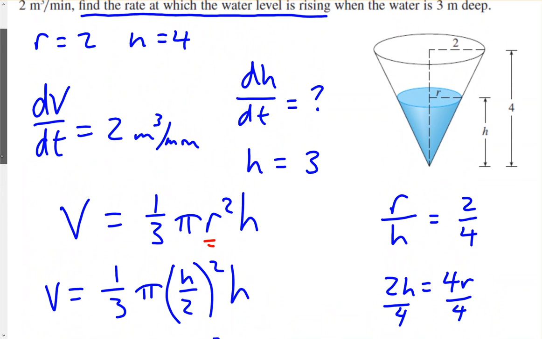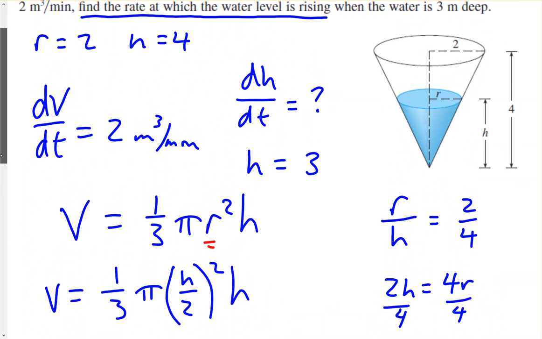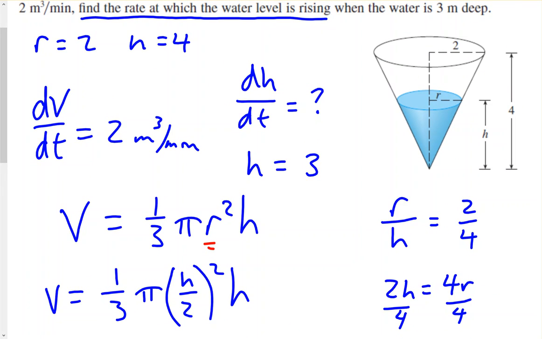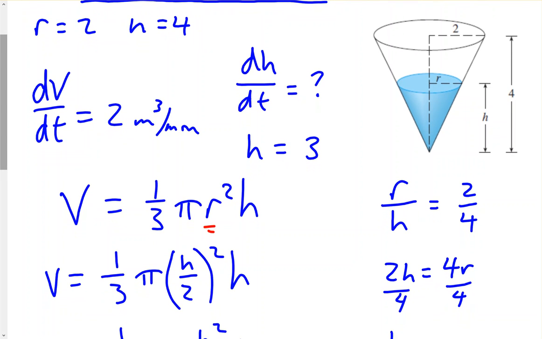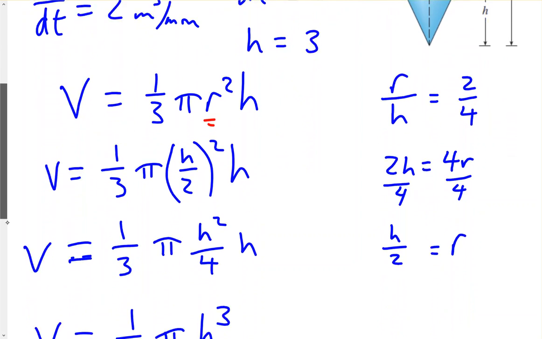Right, dV/dt is 2, h is 3, and we're looking for dh/dt.